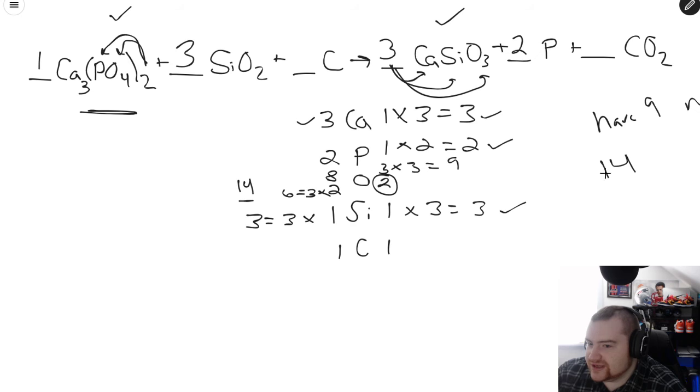So we have 14 on the left, and that equals 9 plus 2x. Because this 2 is here, and we want to know, okay, what am I multiplying that by? So this is an equation you can use to solve this out. 14 minus 9 is 5, equals 2x. Divide by 2, x equals 5 halves.